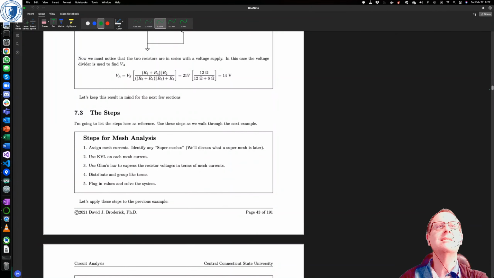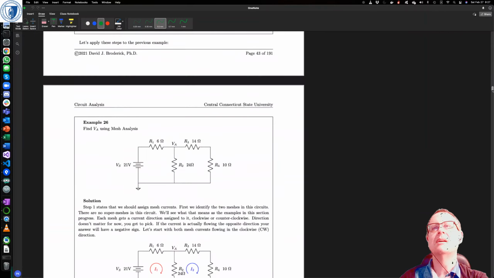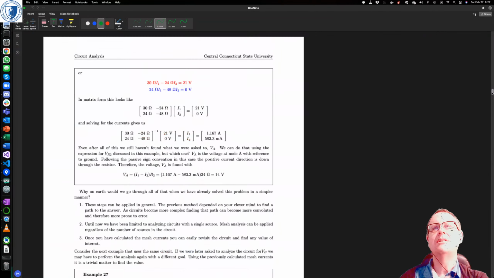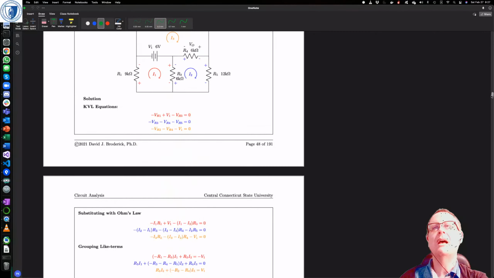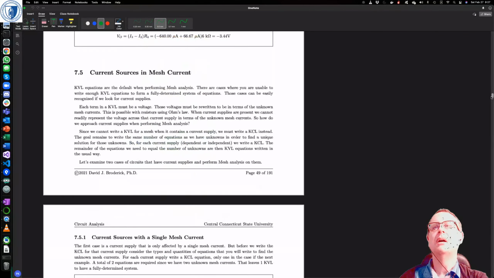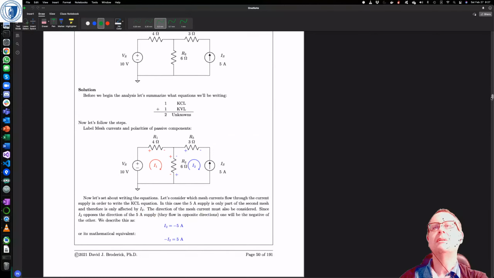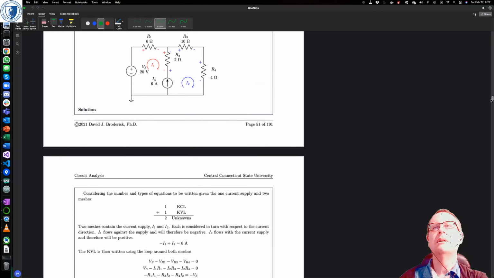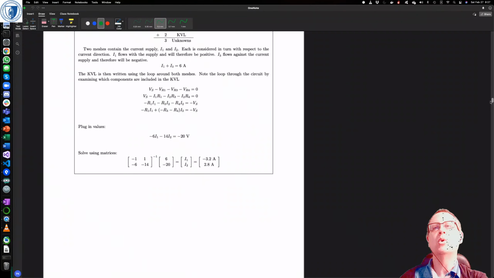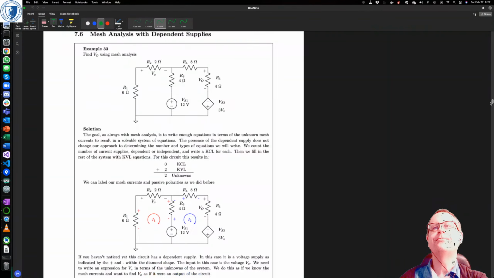It's exactly the same text, and there's lots of worked equations here, so have a look at those, and then there's several sections on mesh versions and worked examples for those.